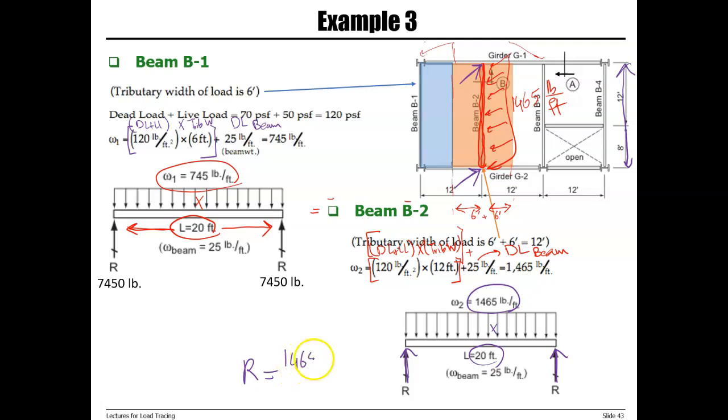So 1465 pound per foot times 20 feet divided by 2. Now pay attention to the details of the plan. These two loads are transferred to the girder. So at these endpoints where beam is connected to the girder, 14,000 pound is transferred from the beam to the girder.